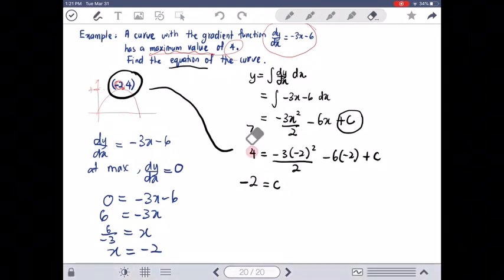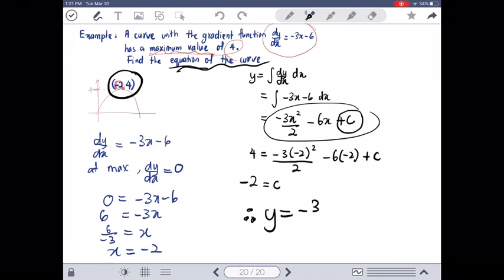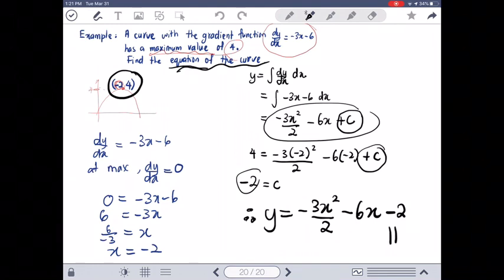Okay, therefore the final answer, the equation of the curve, is just y equals negative 3x to the power of 2 over 2 minus 6x plus c, which is minus 2. That is your final answer, which is the equation of the curve.